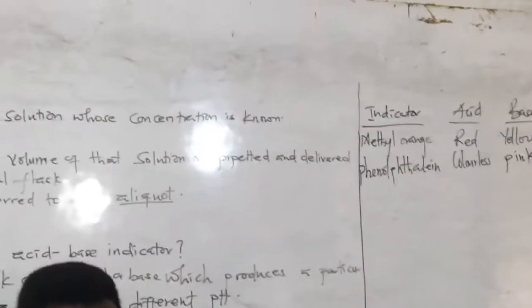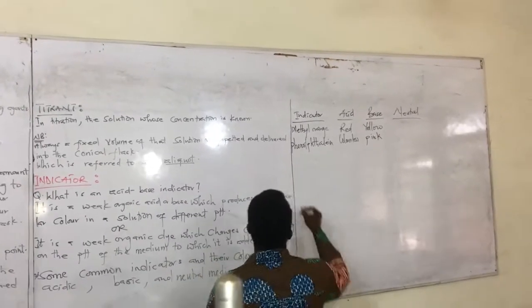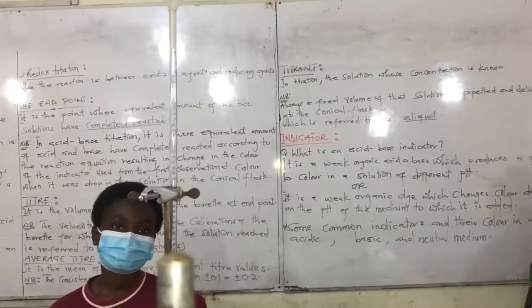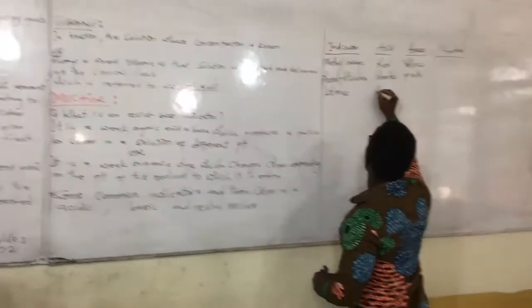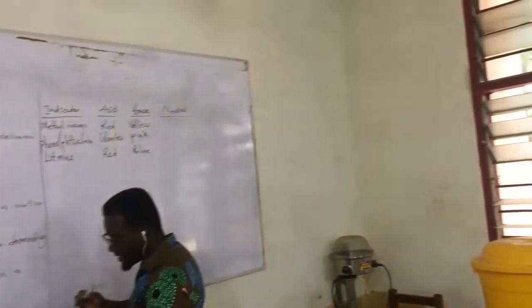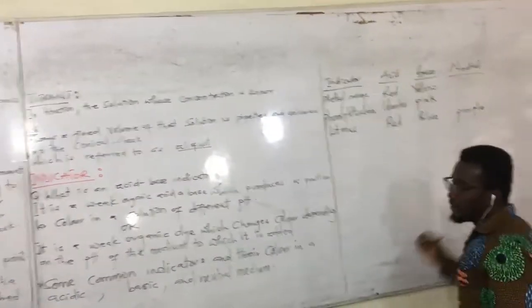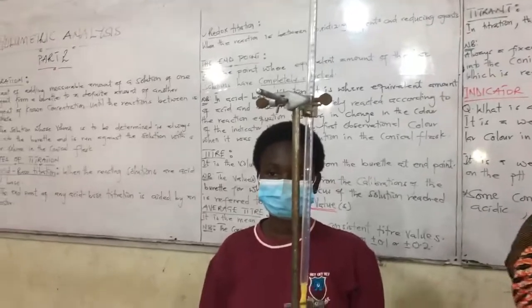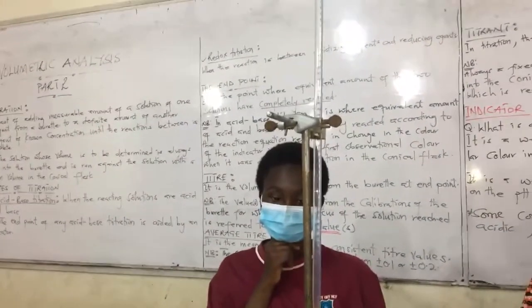Now, the next thing we are going to look at is litmus solution. For that one we don't have litmus. So for litmus, it's red in acid, blue in base, and in neutral it is purple. It's to produce a purple solution.